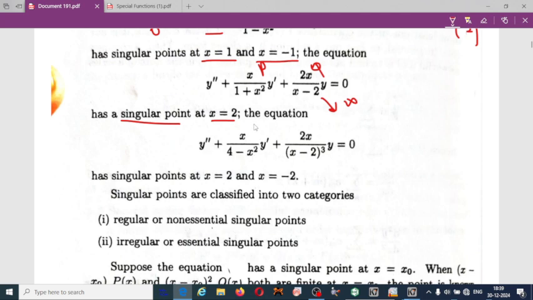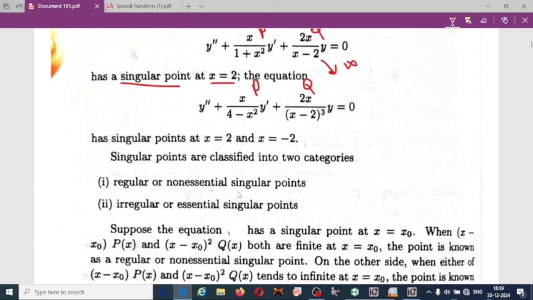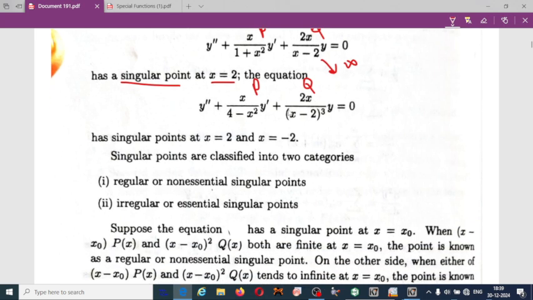Another example. This is p and this is q. This equation becomes infinite when x equals 2 or x equals minus 2.